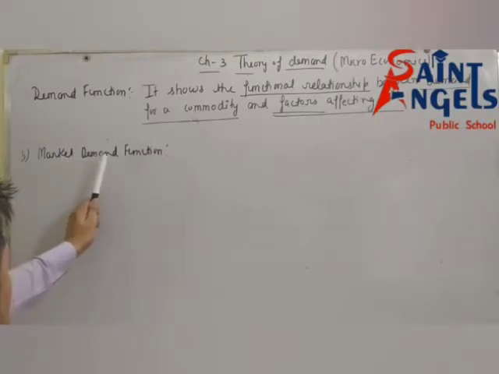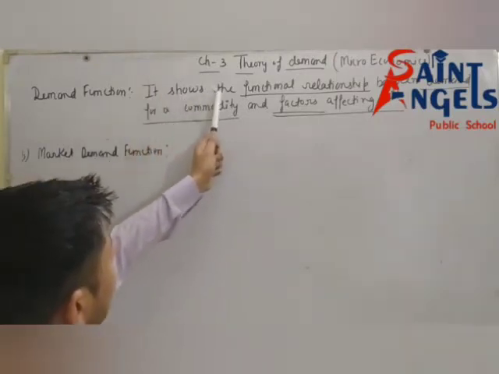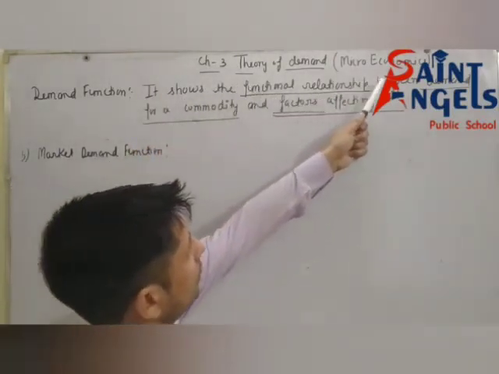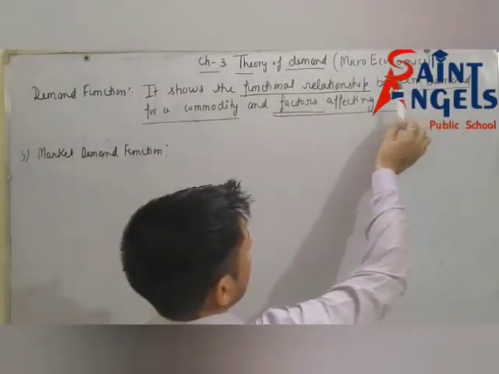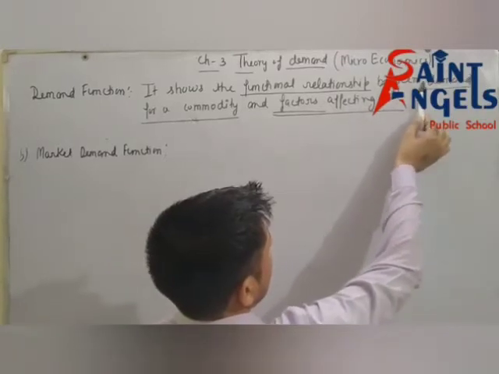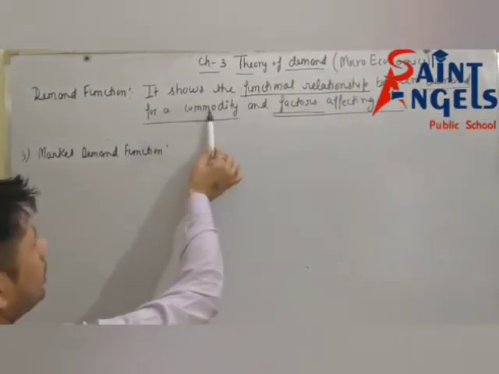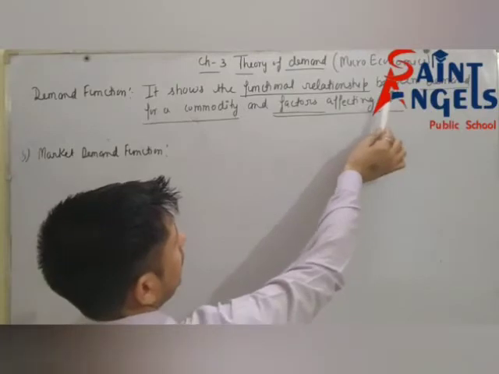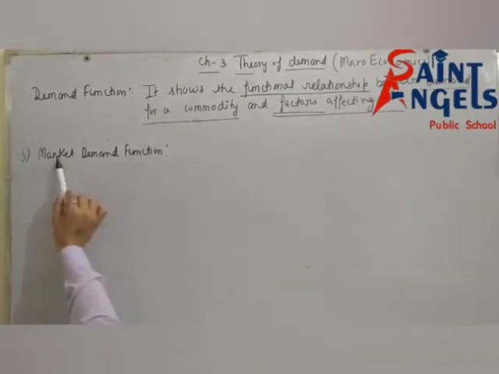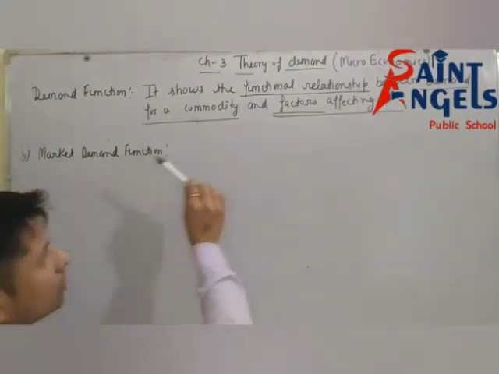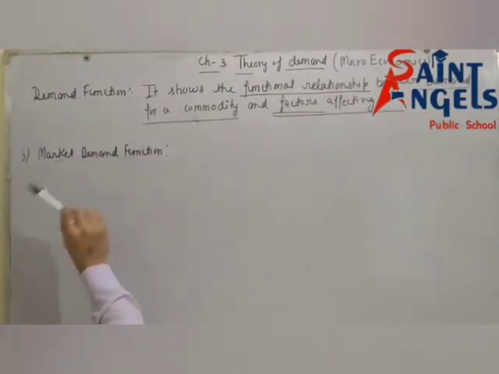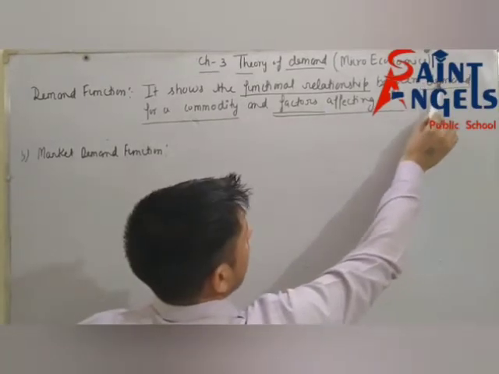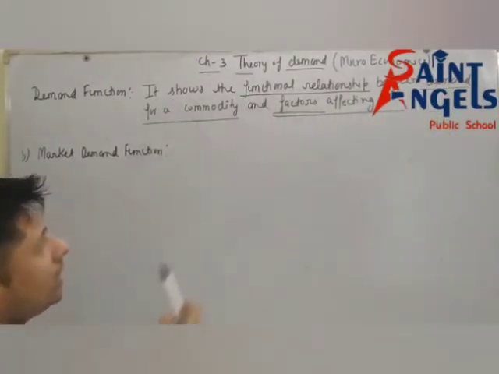Market demand function shows the functional relationship between market demand for a commodity and factors affecting it. Where individual demand function says individual demand, in market demand function you will write market demand, and all will remain the same.